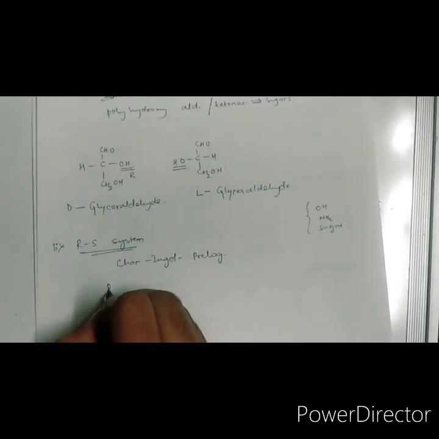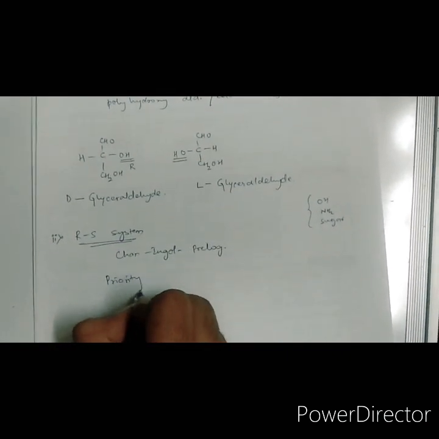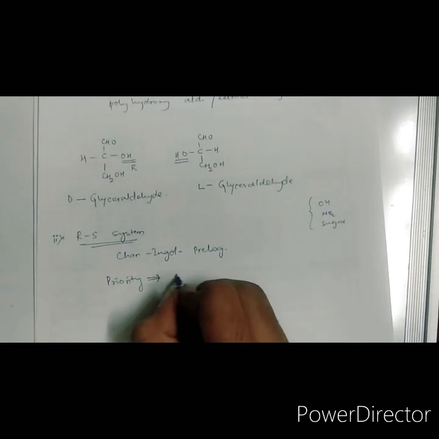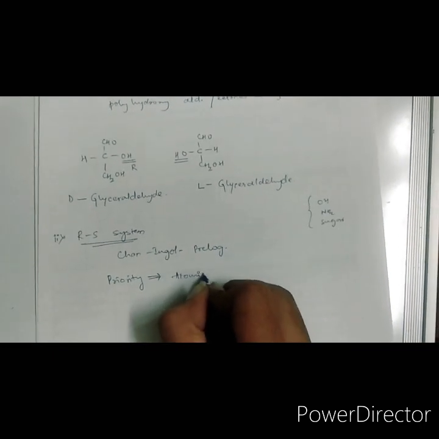These people defined this RS system based on priority, in terms of atomic number.